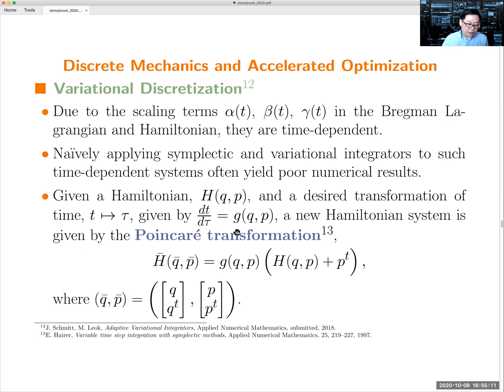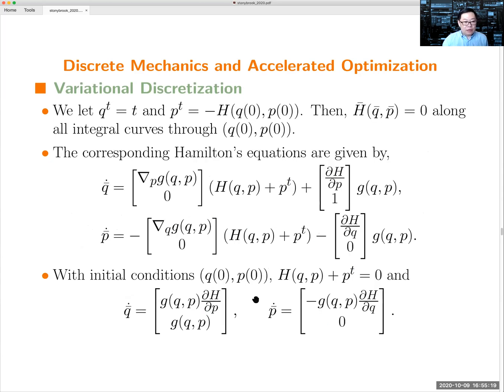When you do this time rescaling, you get a new Hamiltonian, which is called the Poincare transformed Hamiltonian, which is given here. If you look at the level set where the energy is 0, then you can identify the dynamics which goes through this to the original dynamics. So maybe that's somehow related.